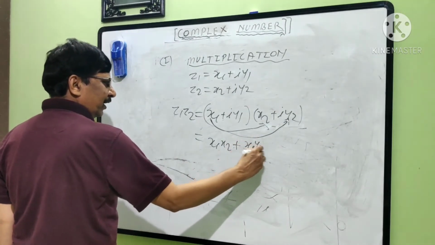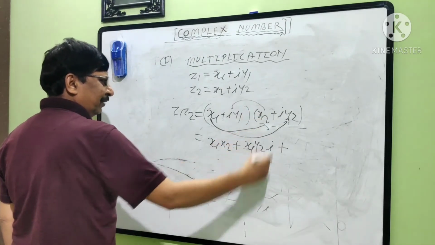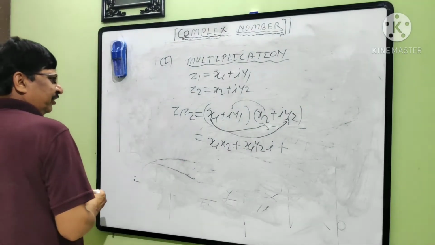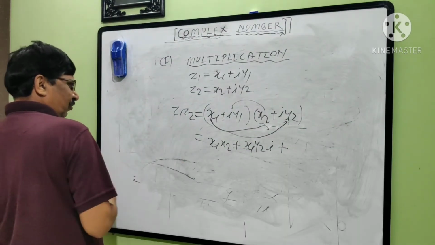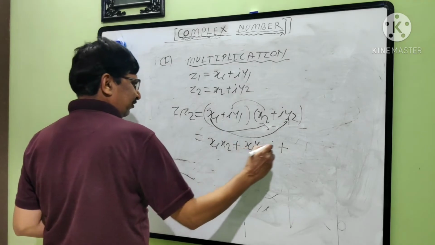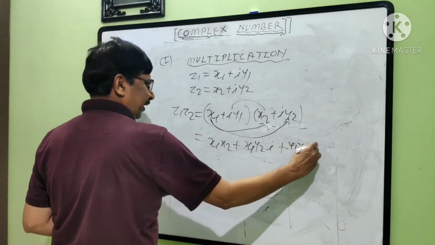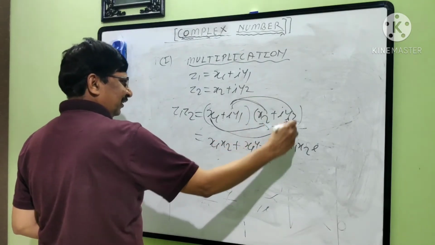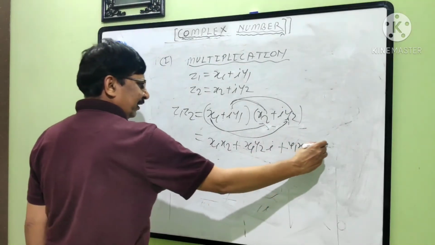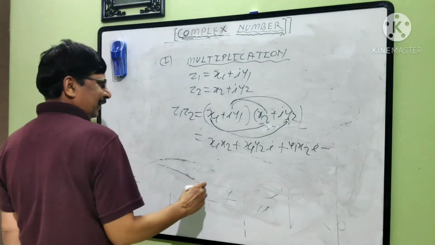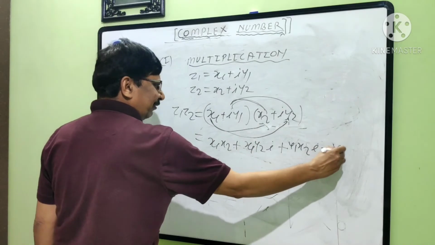Then multiply i y1 by the bracket: again there is a term of i, that is y1 x2 i. And then i y1 times i y2 gives i square, which I write directly as minus 1, so minus y1 y2.